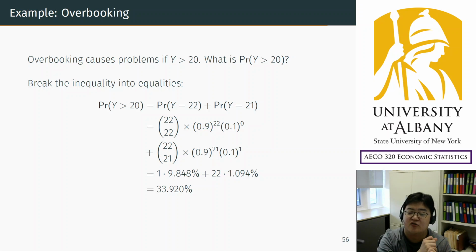Utilize those results, and then you can calculate almost anything for the binomial distribution. A probability defined by an inequality is not a problem. You can just split it and break it down into multiple probabilities defined by equalities.